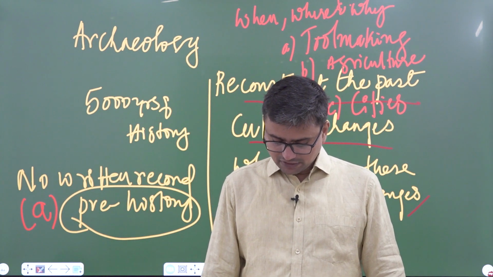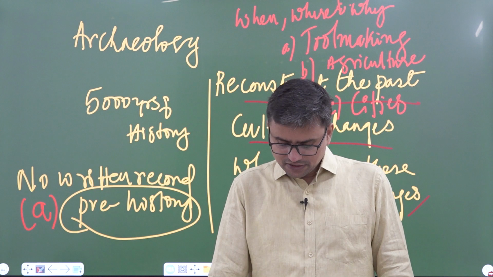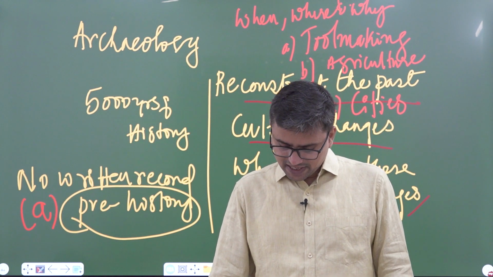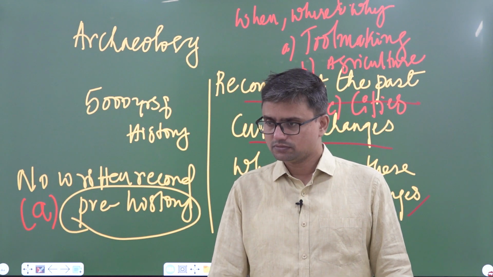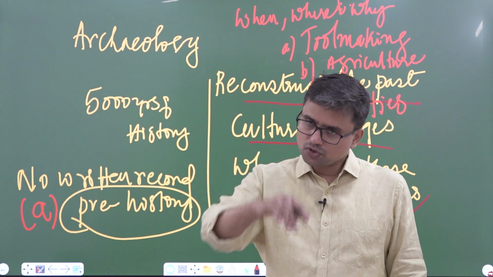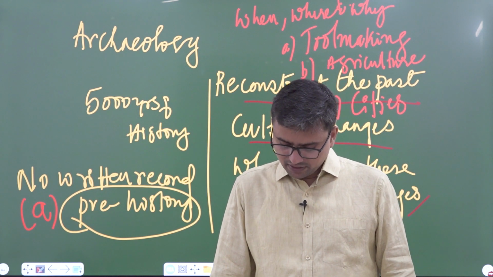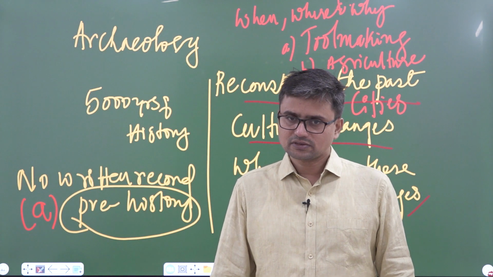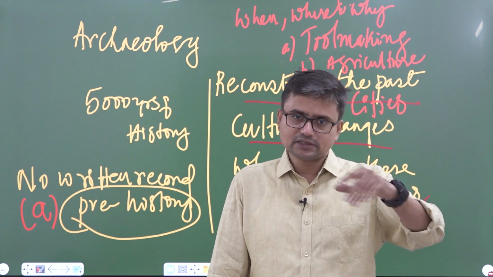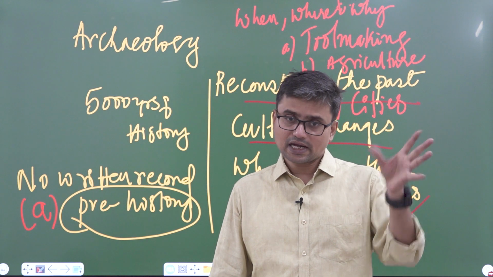For example, to guess where to dig for evidence of early tool making, they rely on the geologists, because geologists can identify where the early sites of human occupation can be, because they know about erosion and the uplifting of the earth surfaces. So based on this knowledge, you can identify where actually the early people might have lived.